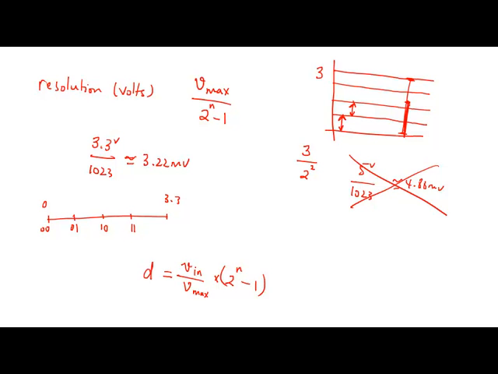Now, a lot of times your signal doesn't go between 0 and 3 volts. Sometimes it goes from a Vmin to a Vmax.